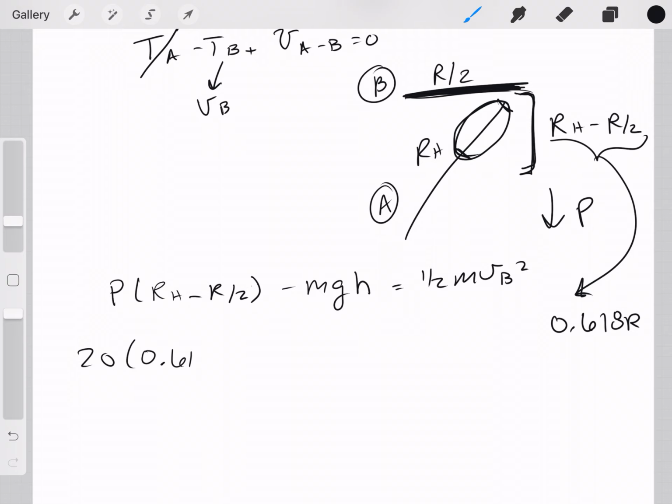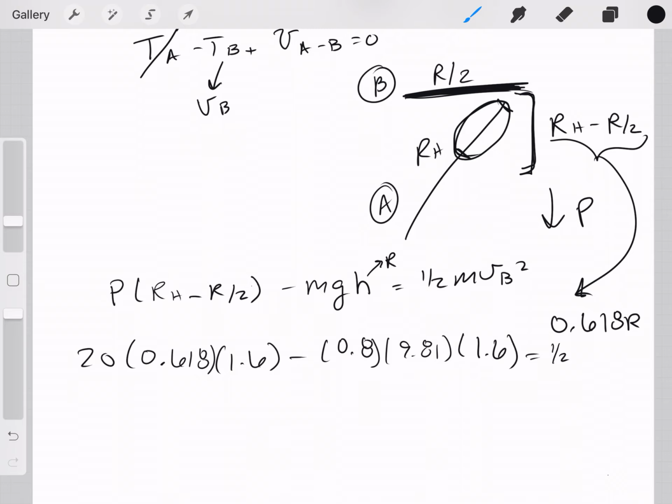P is 20 newtons times 0.618, and my R is 1.6 meters, minus m, which is 0.8, times 9.81, times R, which is 1.6. And that is equal to 1/2 m v squared, and my m is 0.8, v_B squared.